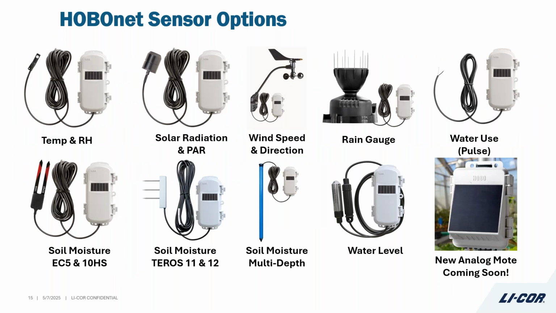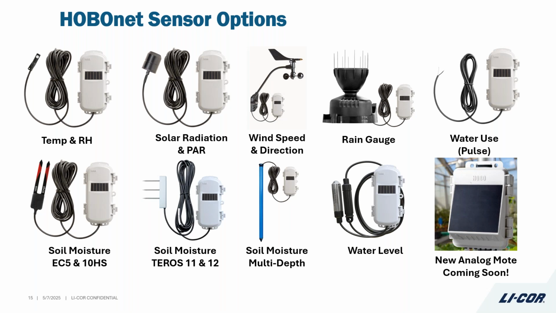So here are the wireless HoboNet sensor options that we have. So you have all of the typical sensors that you're looking to monitor that we talked about with the wired. You're able to connect up to temperature, relative humidity, solar radiation and PAR, wind speed and direction, rain gauge, connect up to the pulse and the flow meters.